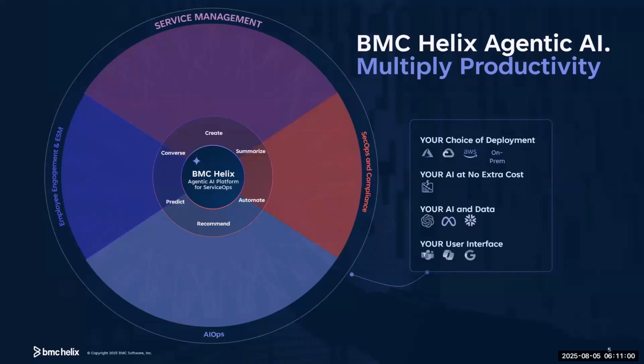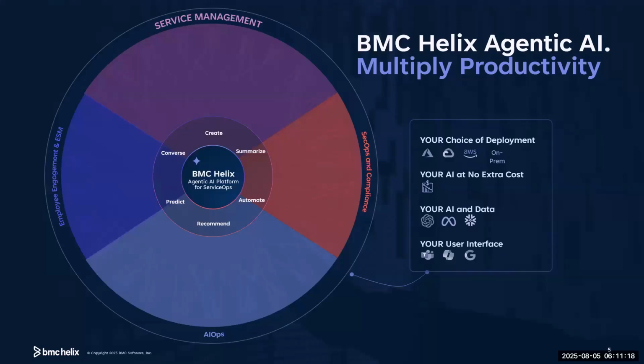So by maximizing value from your cloud and your AI investments, BMC Helix makes it easy for you to bring your own AI and bring your own data approach. Now, it helps organizations to work within your environments and within the user interface of your choice.